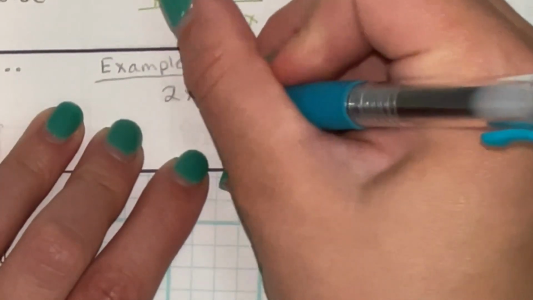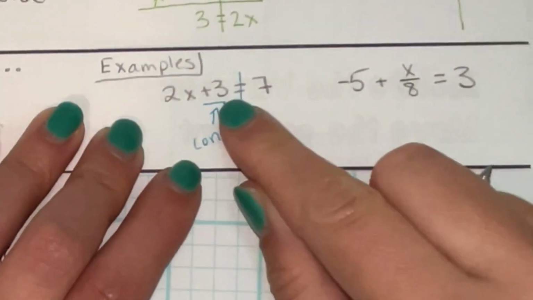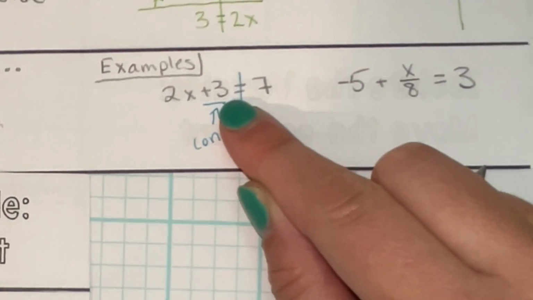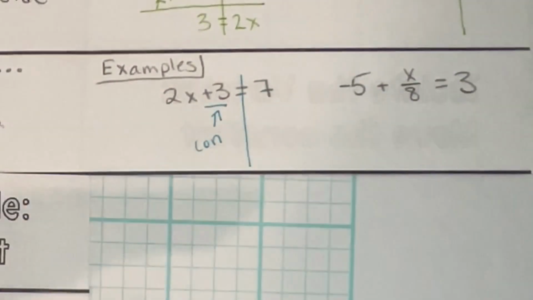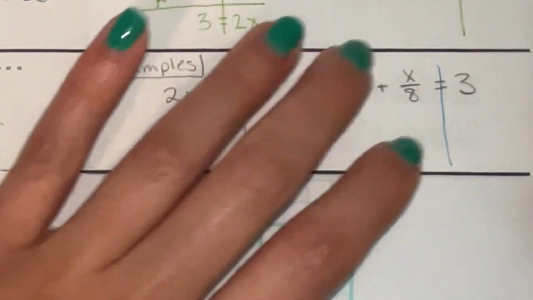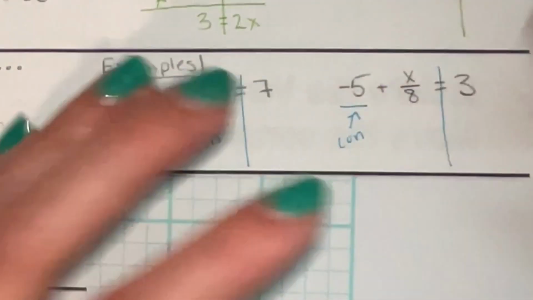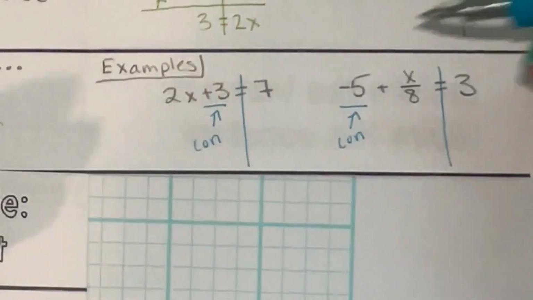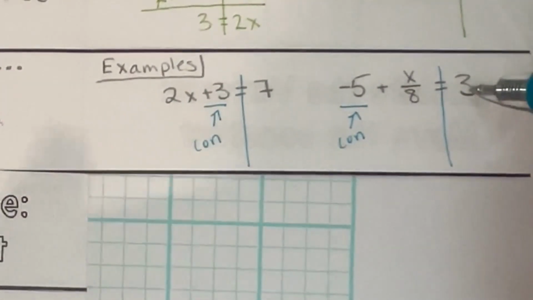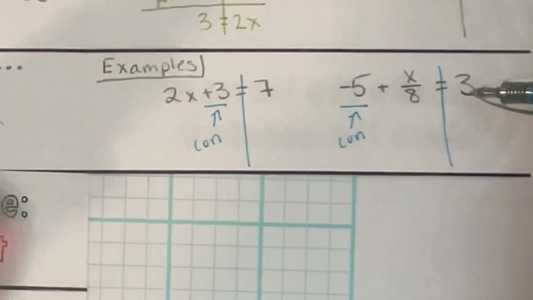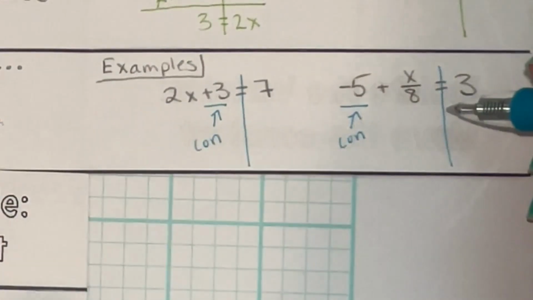This 3, however, is the constant because it's the number with the variable, but it's not attached to it. So in the second problem, draw my equal bar. Negative 5 is considered our constant that we care about because it's the number with the variable but not attached. Now 3 is still a constant, but we are not going to have to really move that around too much.